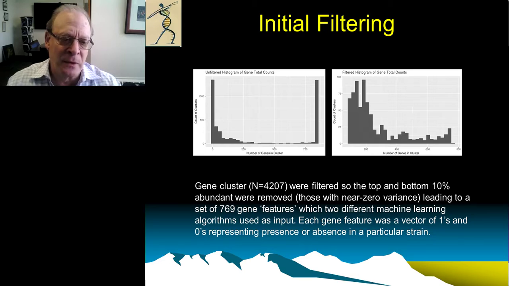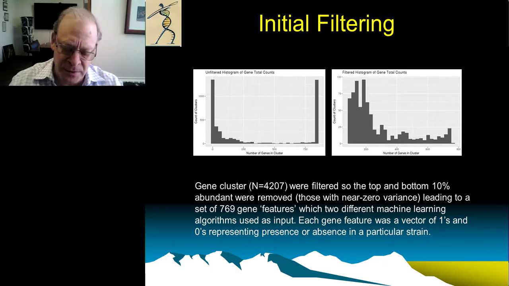And we then removed the core genes, which is also a fairly large number. And so we're left with 769 genes as features, which we then used as input in 2 different machine learning algorithms. Each gene feature is a vector of either 1 or 0, representing its presence or absence in a particular strain.